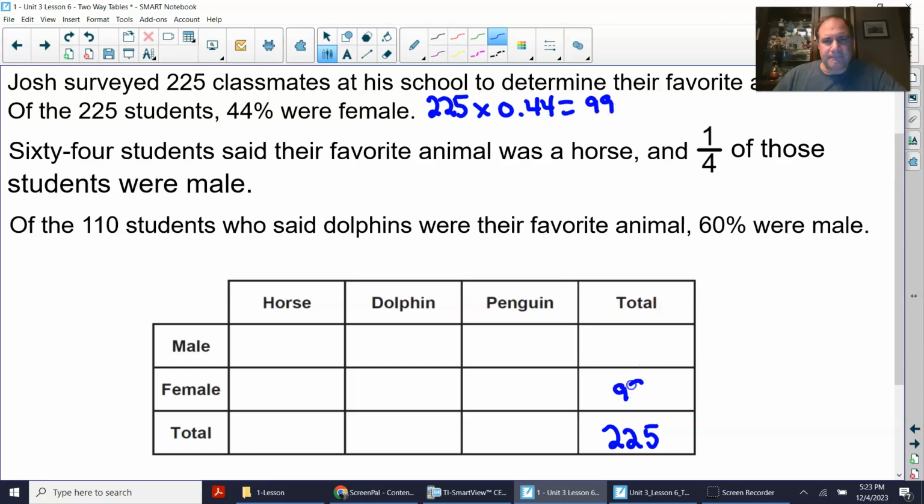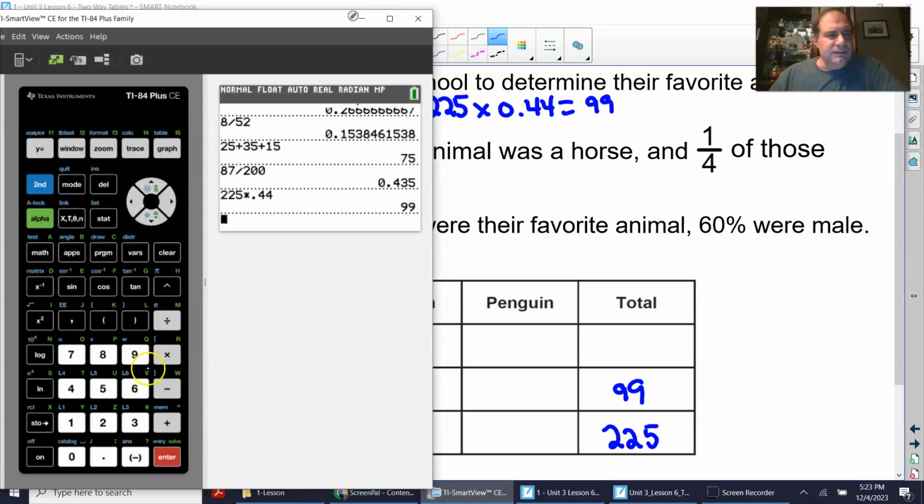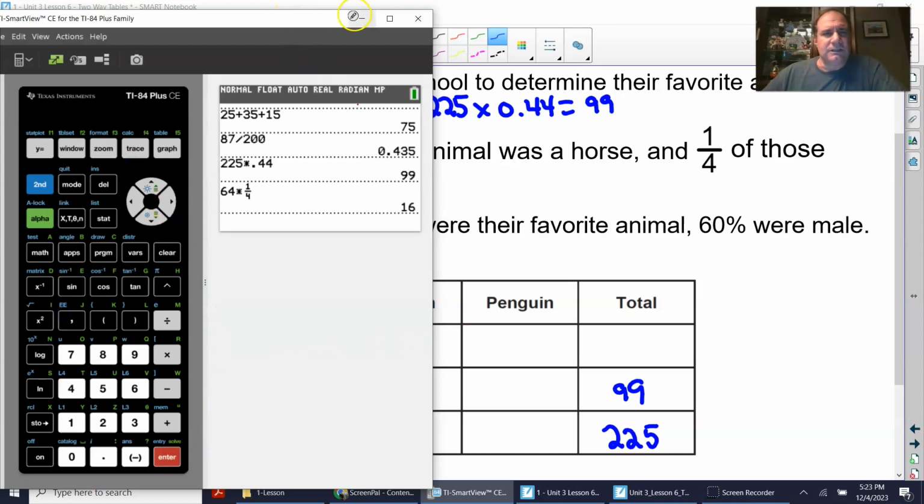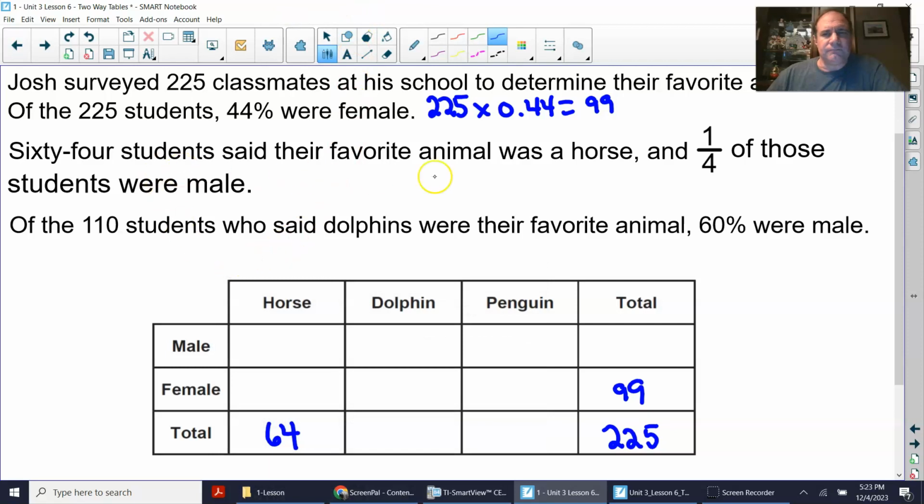So 99. All right. 64 students said their favorite animal was a horse. Oh, very nice. I like it. 64. And then 1/4 of those students were male. So 64 times 1/4, which is 0.25 if you wanted to convert it into a decimal. So 16. 1/4 of those students were male.